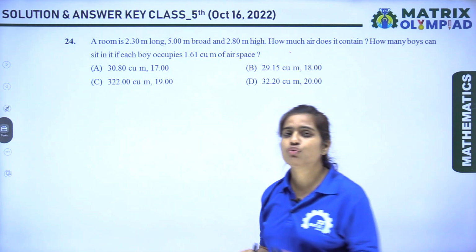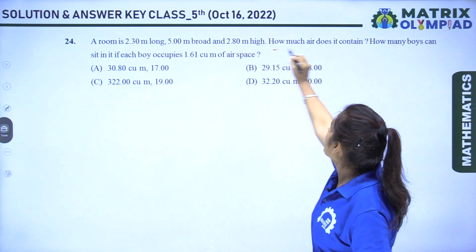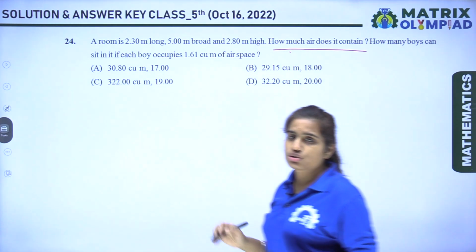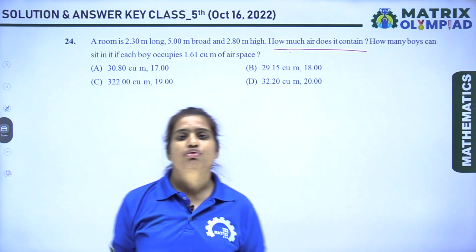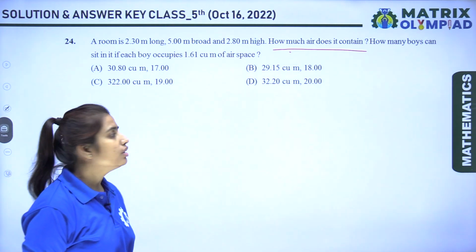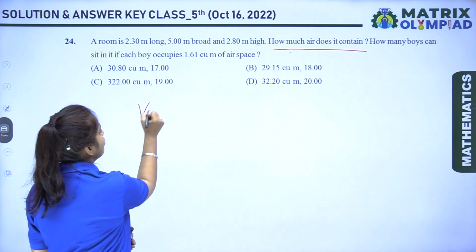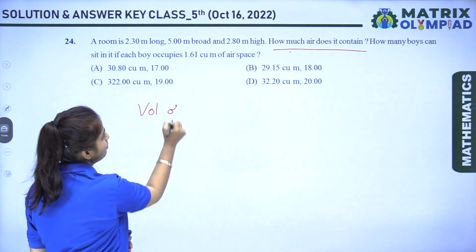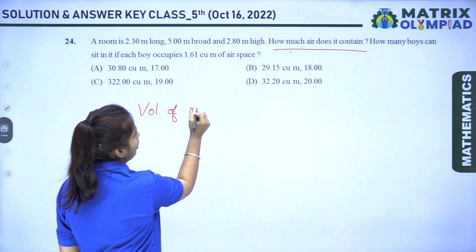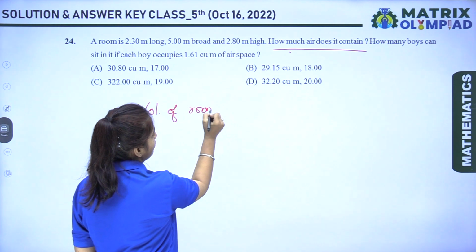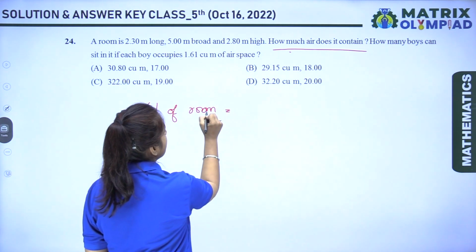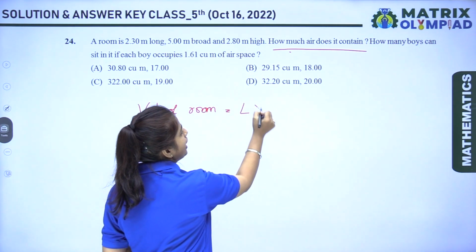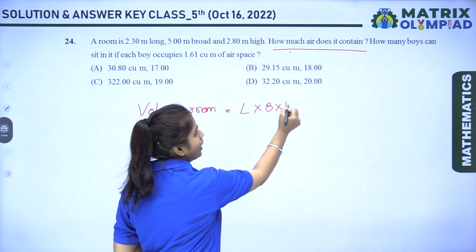First we have to find out how much air it contains. The room is in a cuboidal shape, so we have to find out the volume of the room. The formula for volume of the room will be L into B into H.